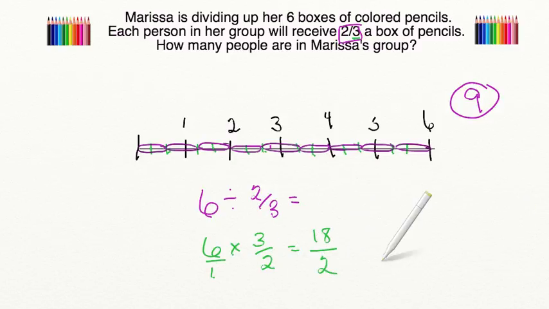And we can go one step further and simplify this by dividing our numerator and our denominator by 2. 18 divided by 2 equals 9. 2 divided by 2 equals 1. So this also gave us 9 wholes. That means that there are 9 people in Marissa's group.